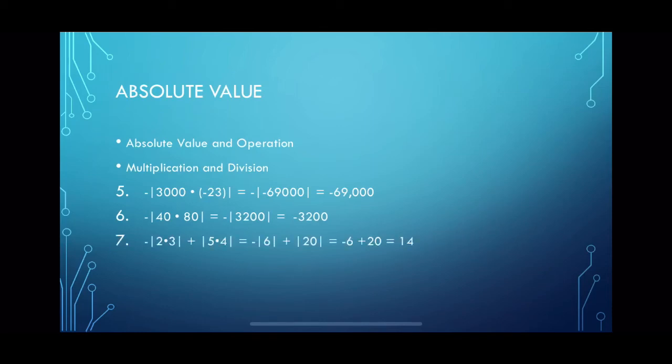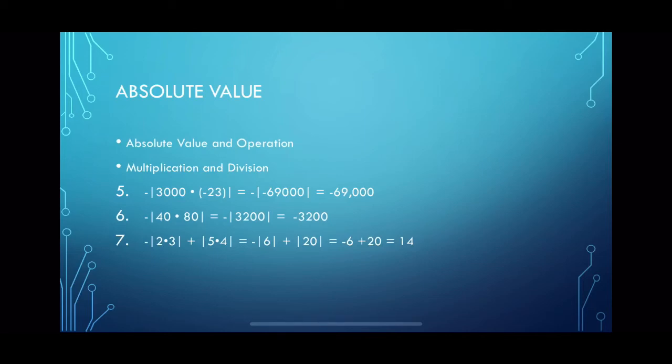So for number 7, we have negative absolute value of 2 multiplied by 3 plus absolute value of 5 multiplied by 4. For 2 multiplied by 3, we have negative absolute value of 6.